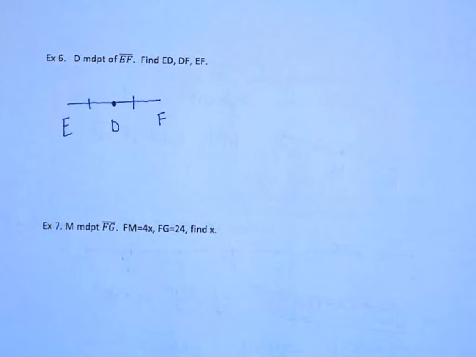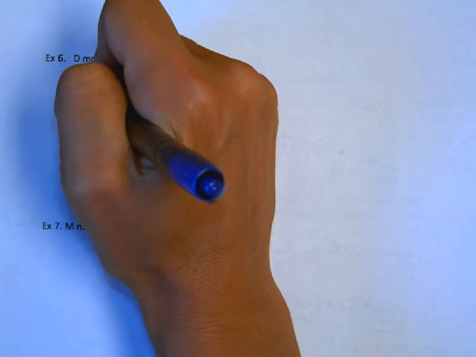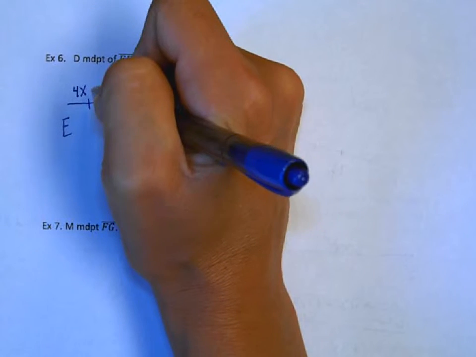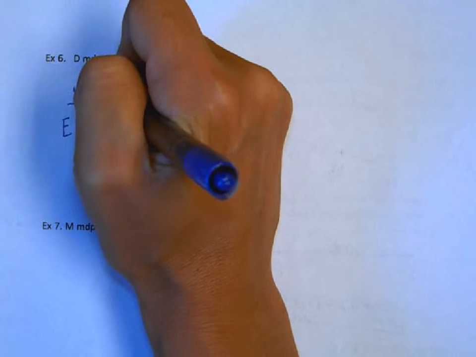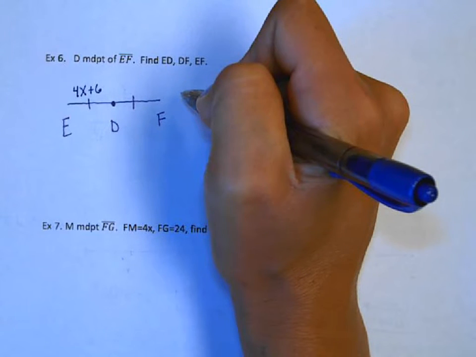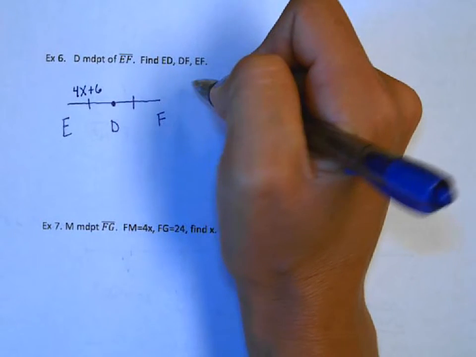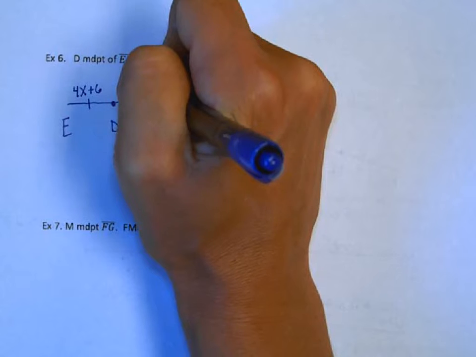Oh, I don't think I gave you enough information here. The information I didn't give you is that ED is 4x plus 6, and DF is 7x plus 9.